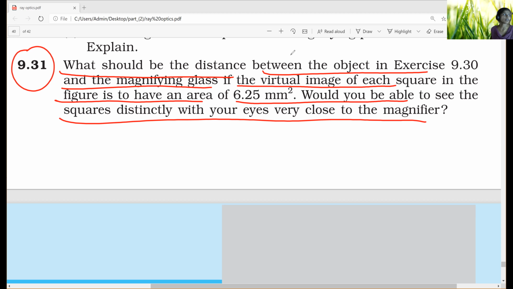What should be the distance between the object in exercise 9.30 and magnifying glass if the virtual image of each square in this figure is to have the area of 6.25 millimeter square? Would you be able to see the square distinctly with your eyes very close to the magnifier? That is the question. So let us see how to solve this one, 9.31.